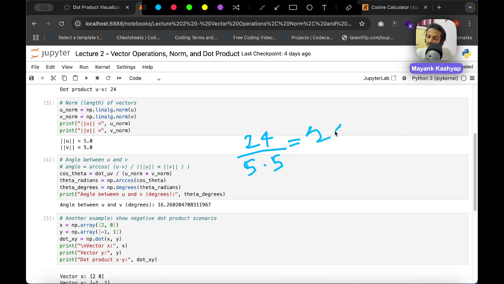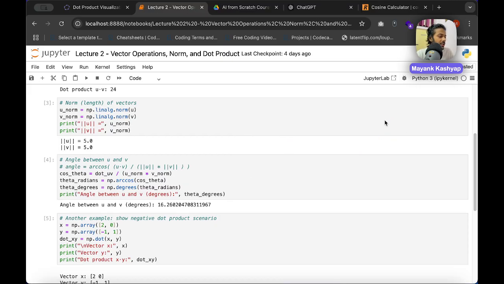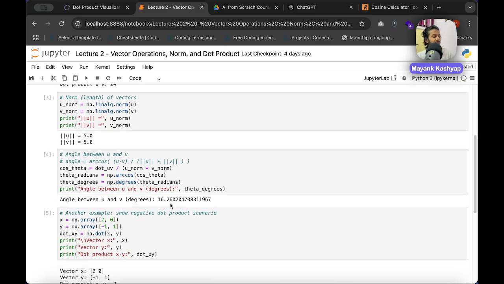So this is 24 by 25, and if we take the cos inverse of this, or you can say arc cos of this value, then that would give you the theta. So here we are taking the value in degrees, which is 16.26.